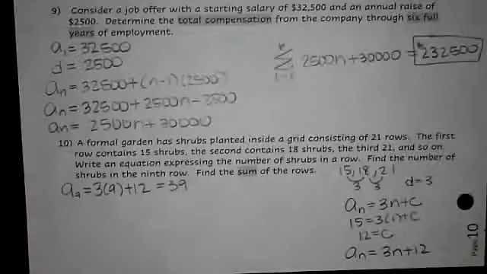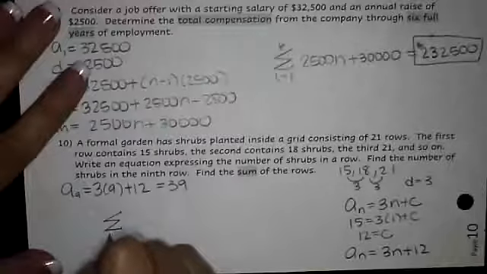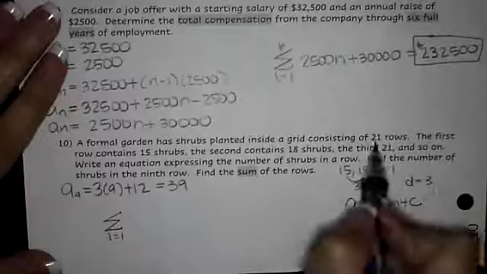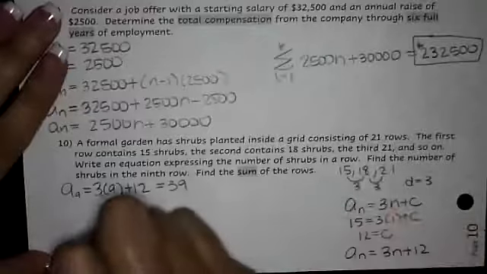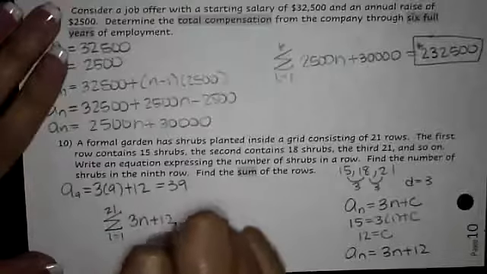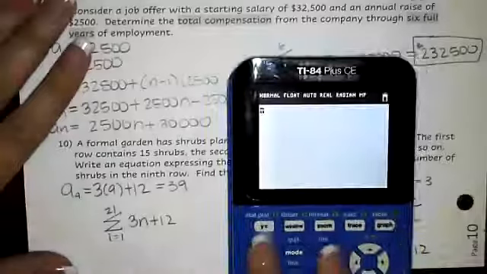Then it says find the sum of the rows. And so that's where we want to use our sigma. We are starting at 1. We are finishing with 21 rows. And our formula is 3n plus 12. We put that into our calculator.